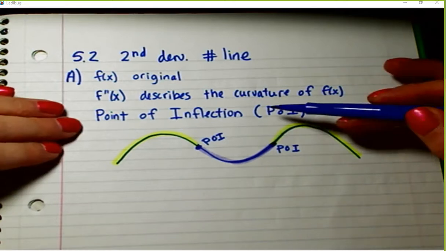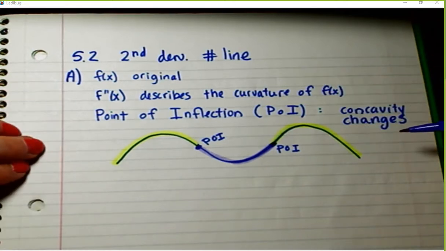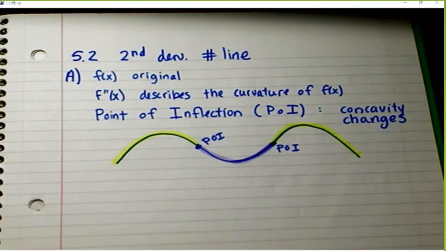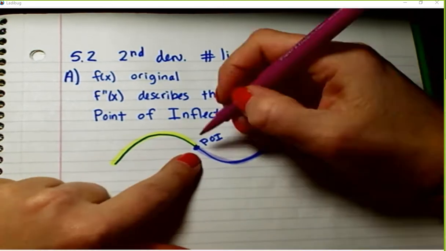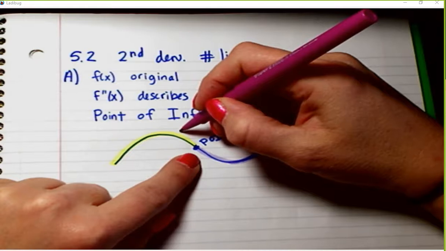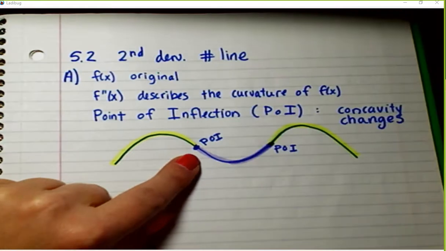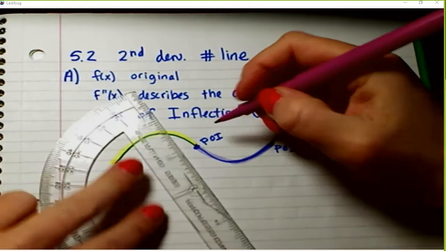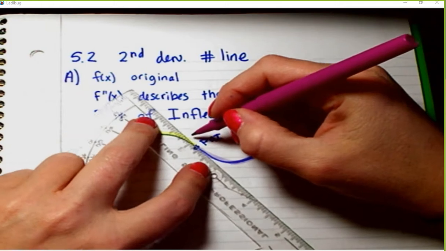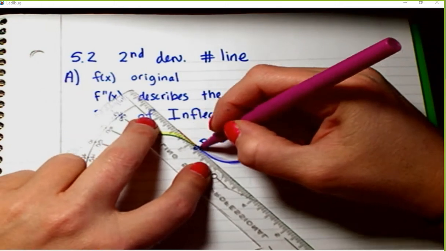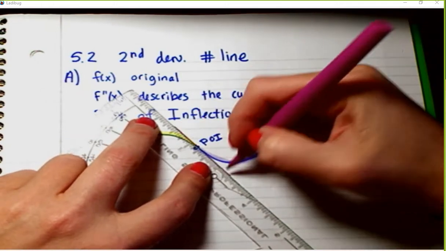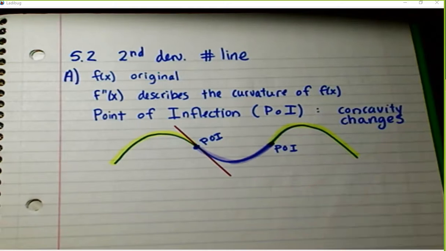So the point of inflection is where concavity changes. All right, I can see that. But we have a second description that goes with this. All right, so right here, I'm going to draw a tangent line through this point of inflection. And one thing that we talked about last class was the greatest rate. Okay, now a rate is the slope.